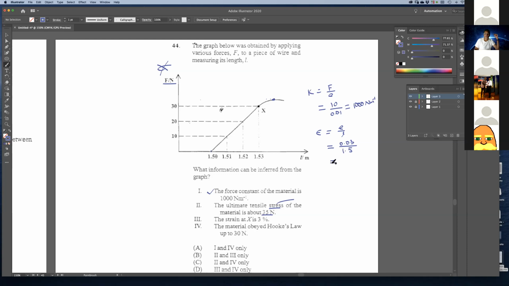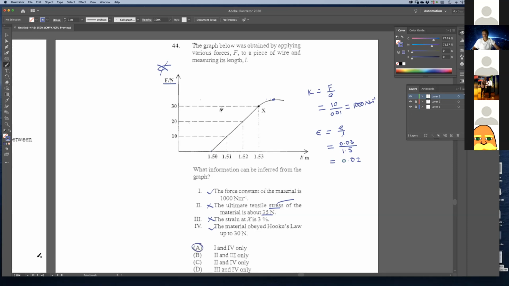What is 0.03 over 1.5? 0.02, or 2%. So it would not be this. And the material obeyed Hooke's law up to 30 newtons. So it obeys Hooke's law because it has a straight line function. It's wrong. And the answer is 1 and 4, A.